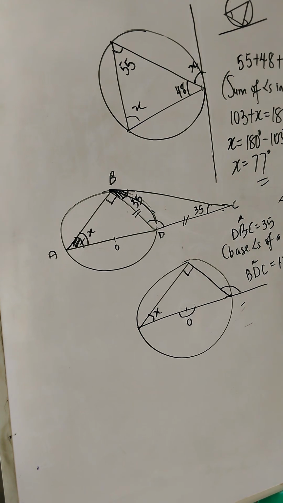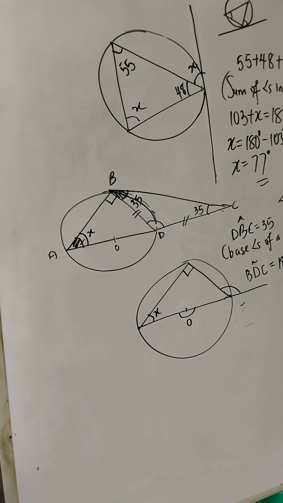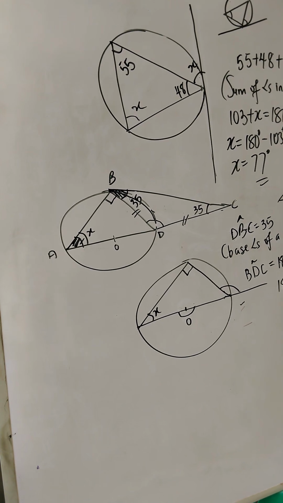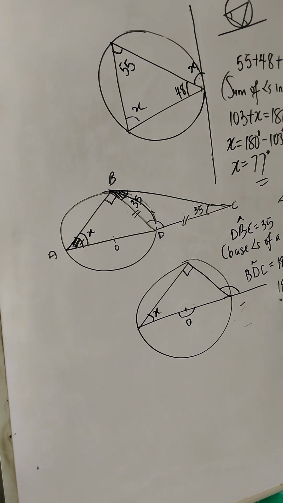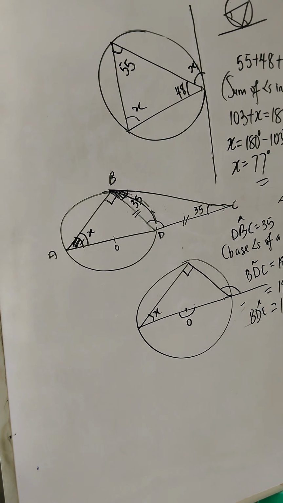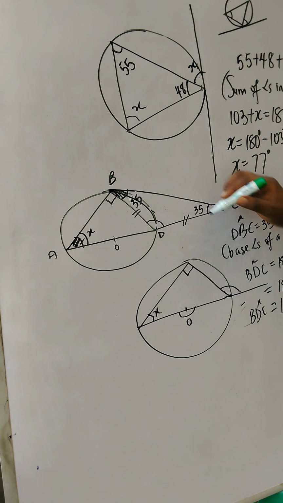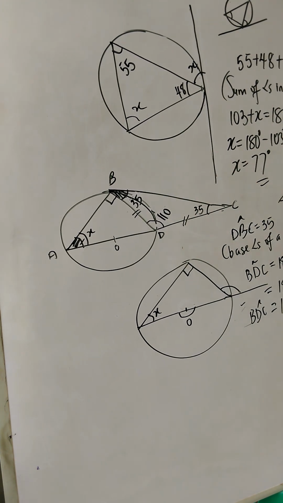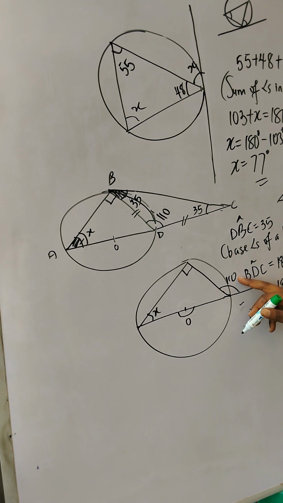BDC is 180 minus 35 plus 35. 35 plus 35 is what? 70. So BDC is what? 110. So we know here to be 110. Now let's go back to this one we brought out. Here is 110. If here is 110, how will you get this?